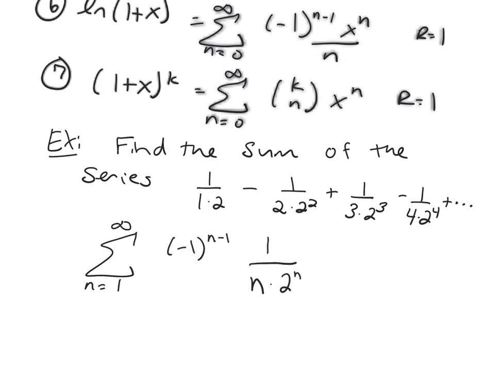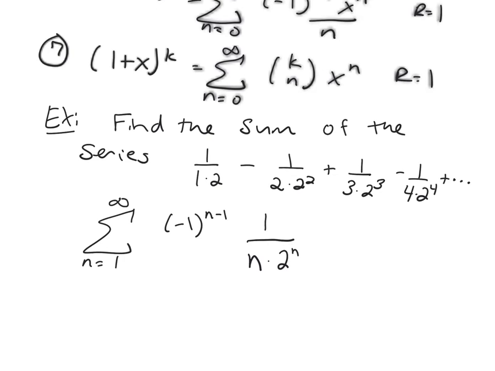Okay, so this is a series. There's no x here. It's not a power series. It's not Maclaurin or Taylor series right now. Okay, so what I'm going to do is I'm going to rewrite this a little bit. I'm going to highlight the part I'm going to rewrite here.